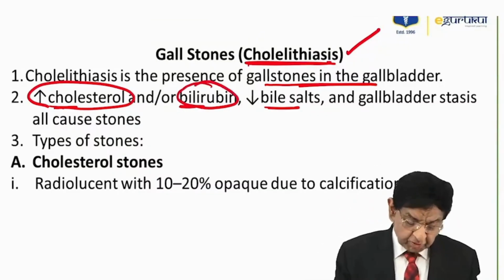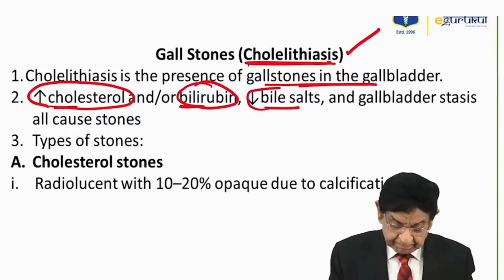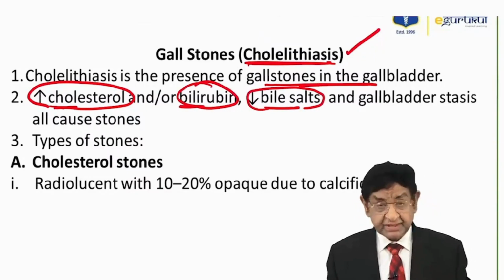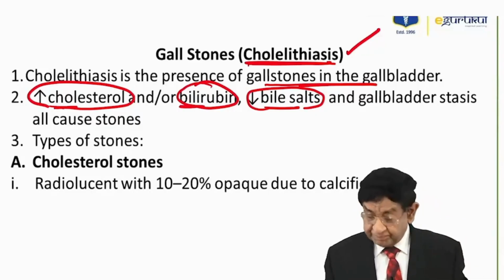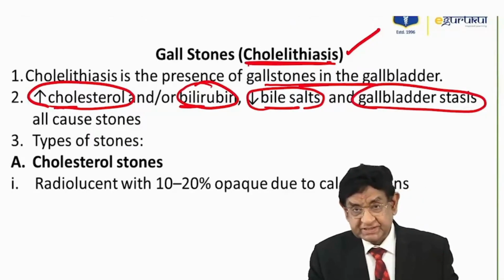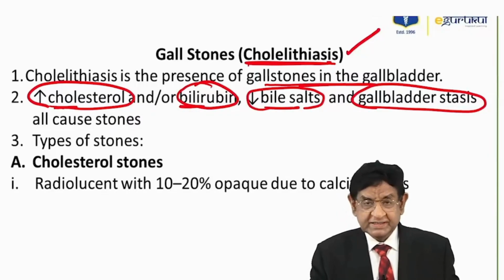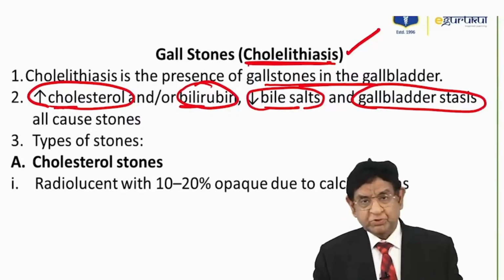Increased bilirubin also predisposes to stones, as does decreased bile salt, and gallbladder stasis. Gallbladder stasis means that if the gallbladder is not contracting, that will predispose to stone formation.